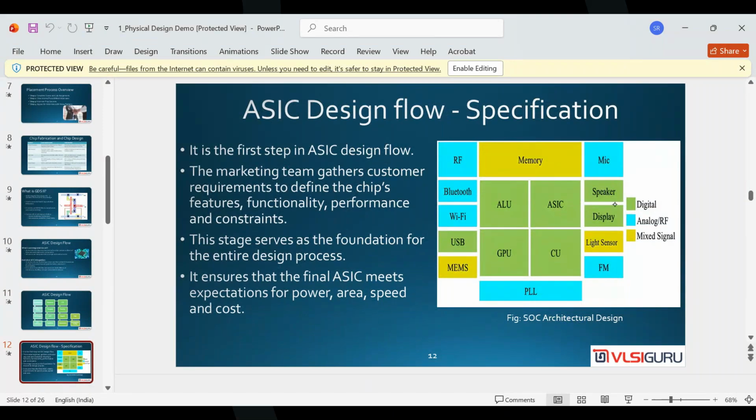Suppose in your chip for washing machine design you want to create a speaker kind of thing, like it should say that your clothes are washed, it's completed, so it should have a speaker module for processing, right?